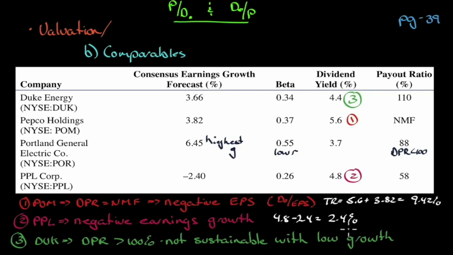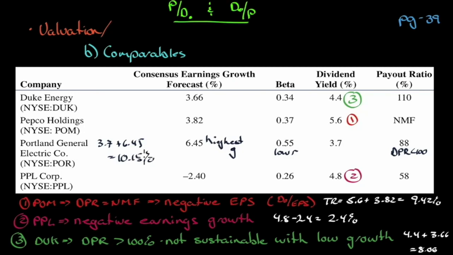I think we can eliminate that one right away. Duke Energy is 4.4 plus 3.66, which gives us 8.06%. And finally, Portland is 3.7 plus 6.45, and that'll give us 10.15.